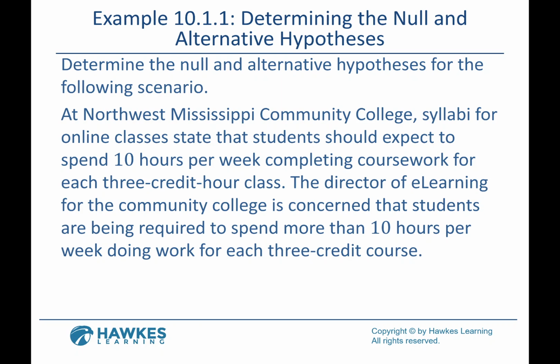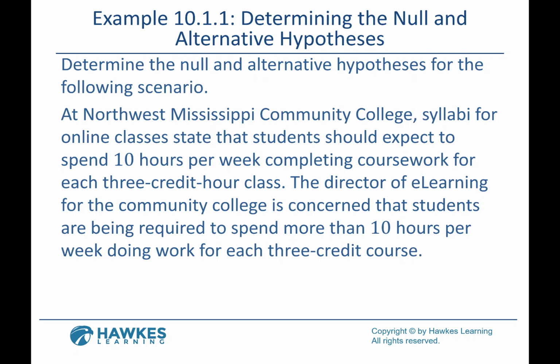So the thing that our director of e-learning, our researcher, would be trying to show in this situation is that, here it's not clear, but what we're talking about is students are having to spend 10 hours per week on average, right? So we're dealing with a mean. Okay? So the director of e-learning would be testing to see if students are spending an average of more than 10 hours per week on each course.